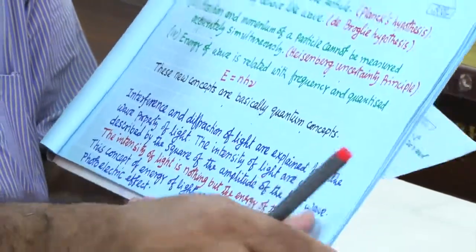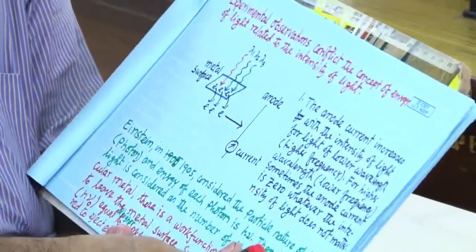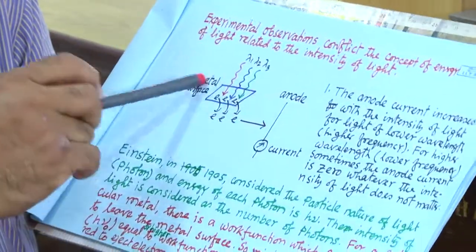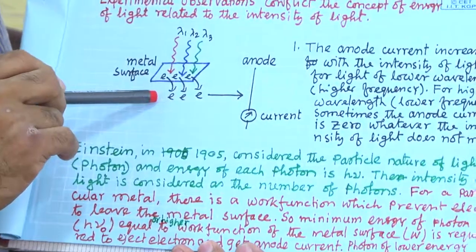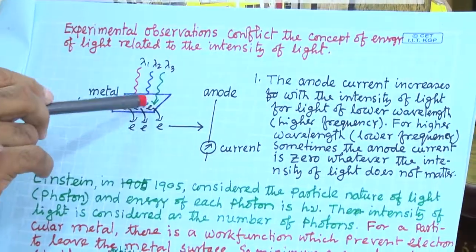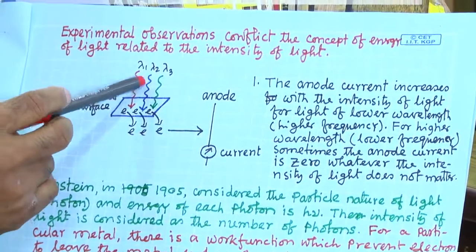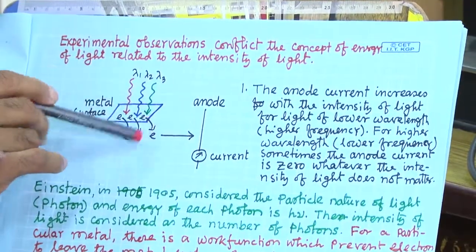What is the photoelectric effect? What was the observation basically? On a metal surface, if light falls, it can be monochromatic light, either red light or blue light or green light.